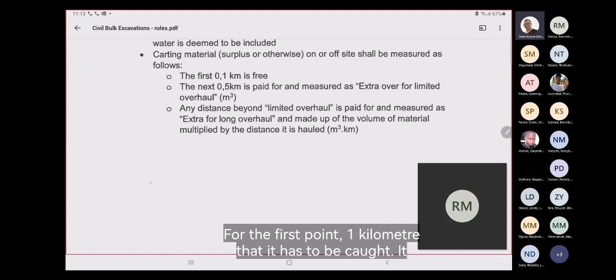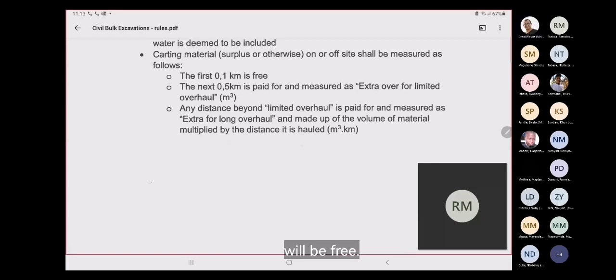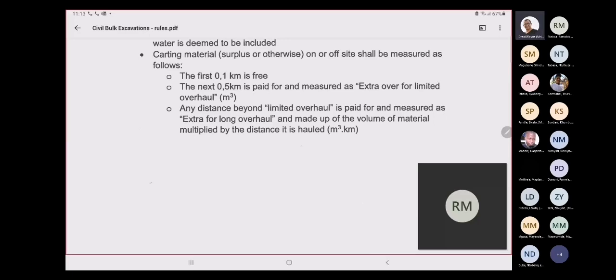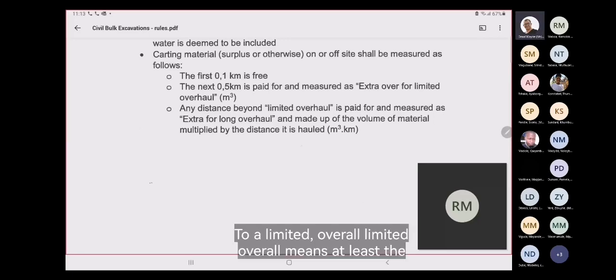The first 0.1 kilometer that it has to be carted will be free. The next 500 meters is paid for and is measured as extra over for limited overhaul. Limited overhaul means the distance is not too far that we need to cart this material away.